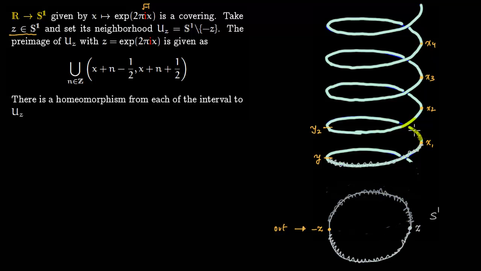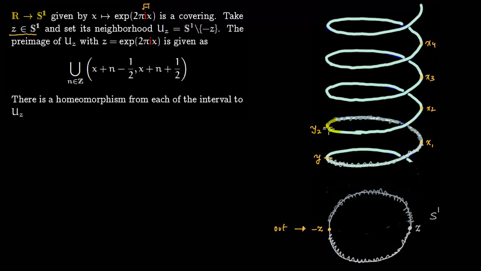So this portion gets lifted from here. So now you can see how this unit interval, so you see the length of this interval is precisely 1. So this unit interval here is getting mapped homeomorphically onto this interval, and you can keep doing the lifting.